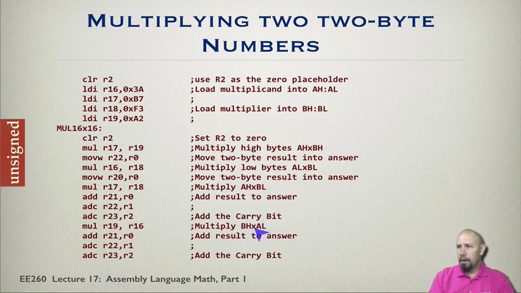And finally, we multiply this product together, the high byte of B and the low byte of A together, and then we do the same kind of thing in terms of putting the pieces in the right places. And again, you need to add with carries when you do some of these things in order to make sure that all the addition is being done properly.